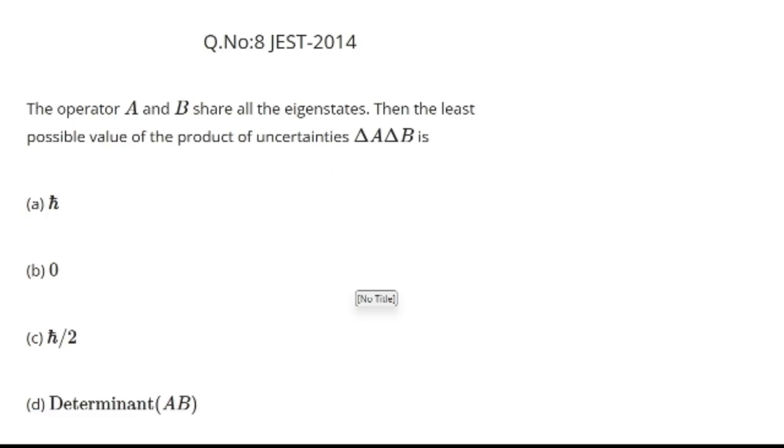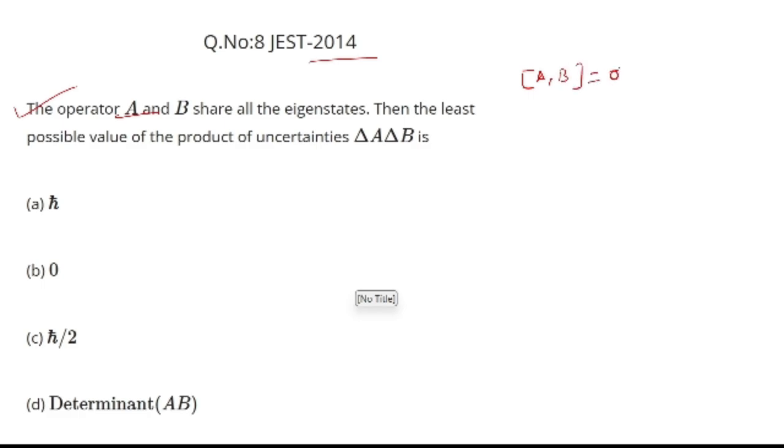Okay, next one, question 14 again. A and B operators share all eigenstates. Then what is the least possible value of this product, delta B and delta A? Now when two operators have simultaneous eigenvectors like here A and B, then their commutator is always 0.